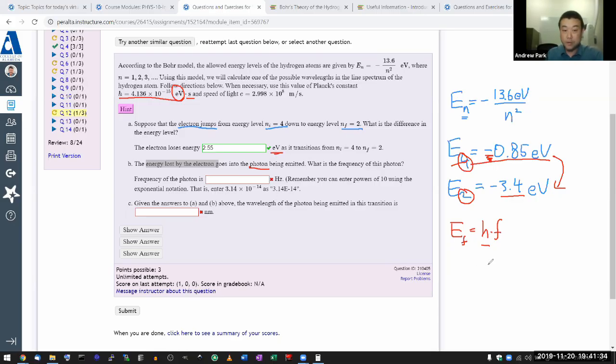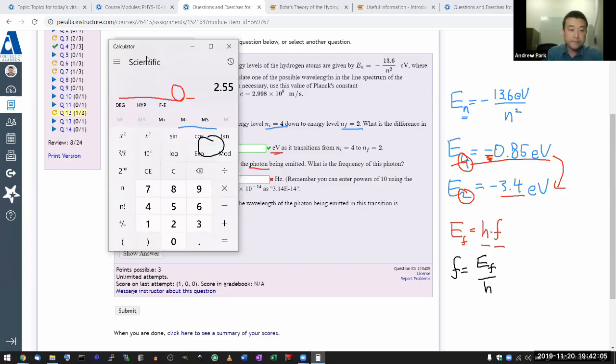So you can solve this for the frequency of the photon. You might need to do a little bit of algebra here, divide both sides by Planck constant, then you get the frequency of the photon. Frequency of the photon is equal to the energy of the photon that we have from the earlier calculation, divided by the Planck constant, h.